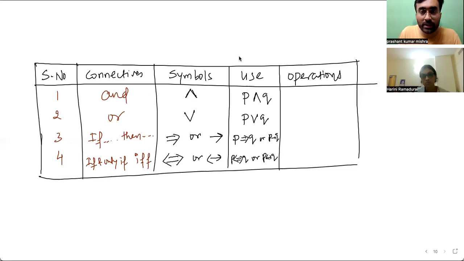Now the names of the operations are: this is called conjunction. Then we have disjunction.